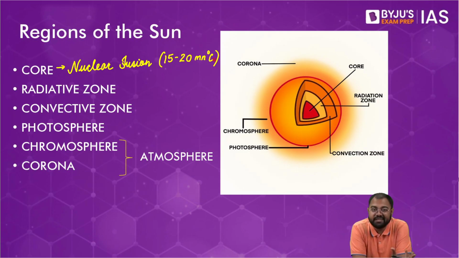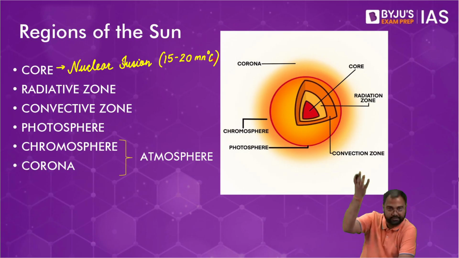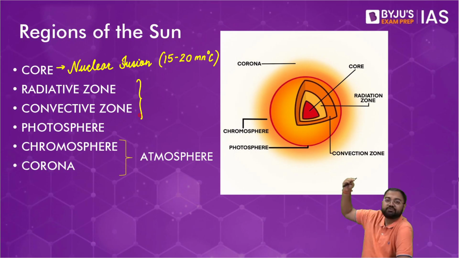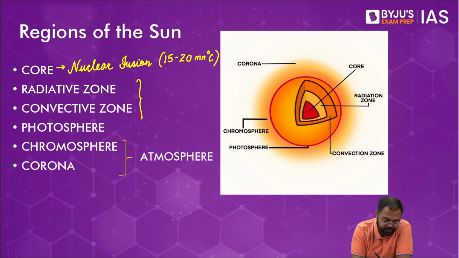So all the heat, all the light is being generated from here, and then it starts to go outward, right? From the core, it goes outward. So you have radiative and the convective zones that help in the sending of these energy and the heat particles, etc., towards the outer part of the sun. The outermost part of the sun, the surface of the sun, is called as photosphere. So photosphere basically is nothing but the surface of the sun.